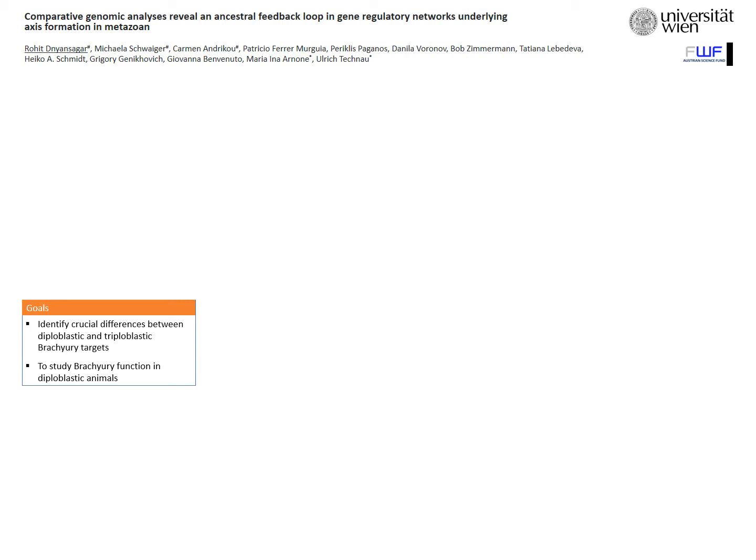So, for example, animals wherein there is no mesoderm and its derivatives like bones and muscles and yet show expression of brachyury. So, to identify why there is a difference in the brachyury mode of action, and also to identify the exact role of brachyury in these diploblastic animals where the canonical role is not performed.